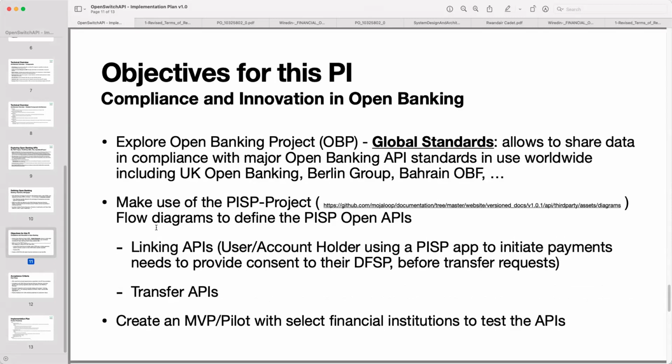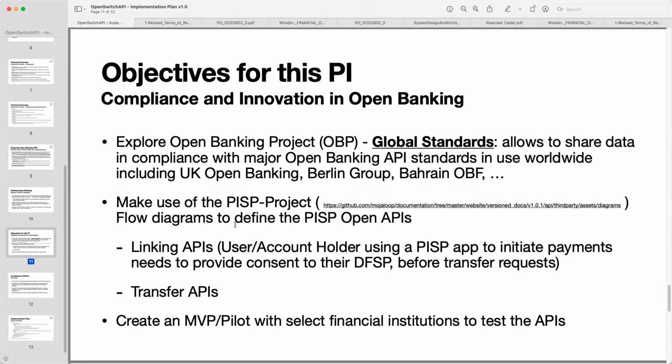So the objective for this PI, obviously we want to be compliant, but at the same time, if we are talking open banking, we want some added value down the chain, and to foster innovation for those fintechs that would like to create some innovation around and then take advantage of the open switch.